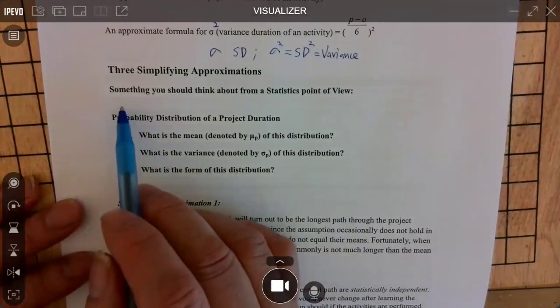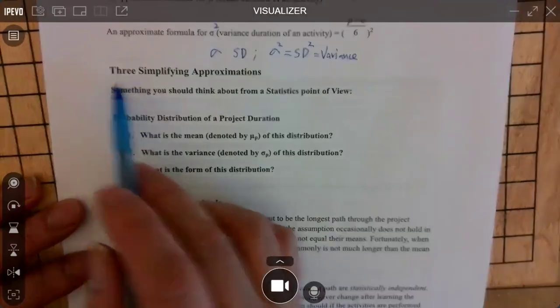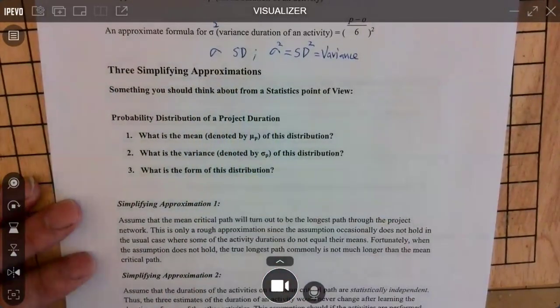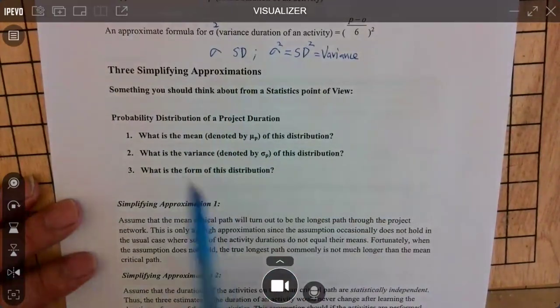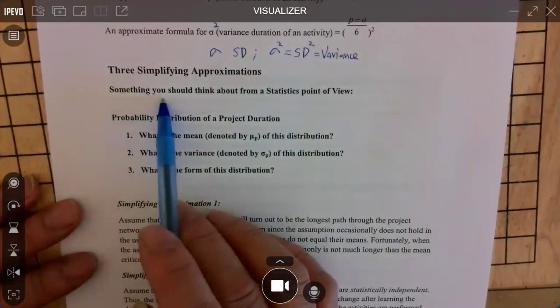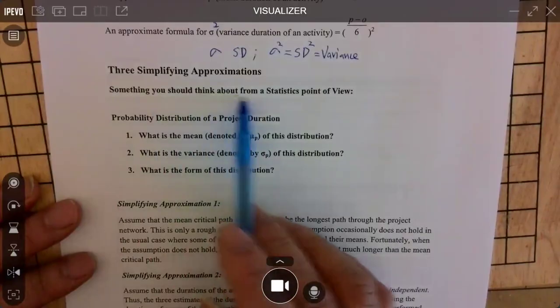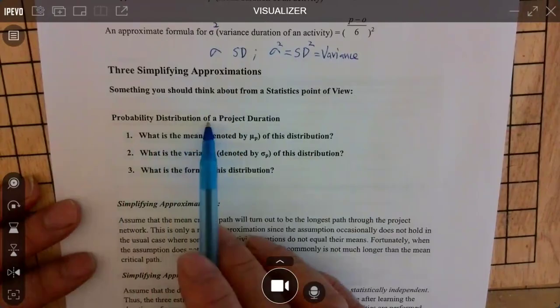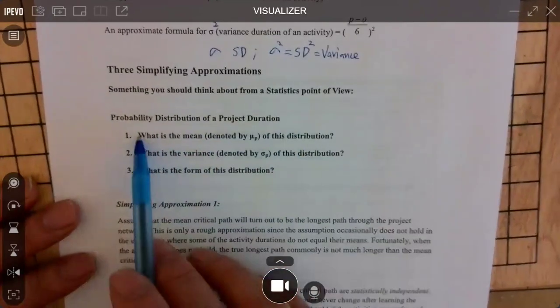And 3 simplifying approximations. So we give you 3 what? Assumptions, okay? Something you should think about from a statistic point of view. Probability distribution of a projection duration. 1.